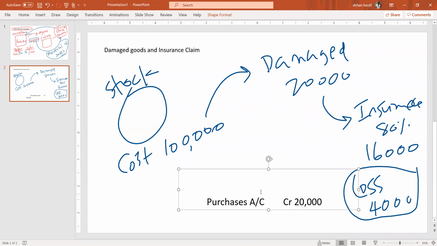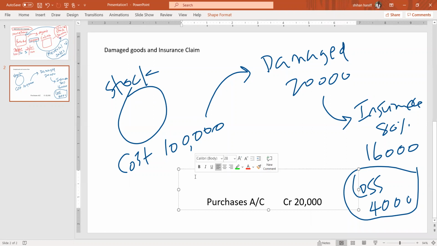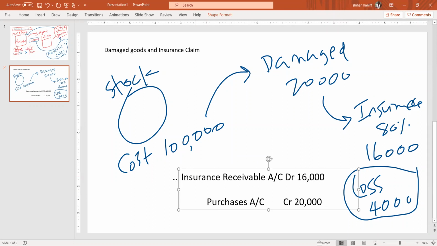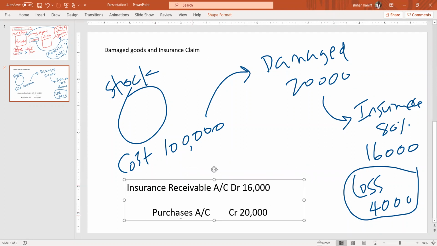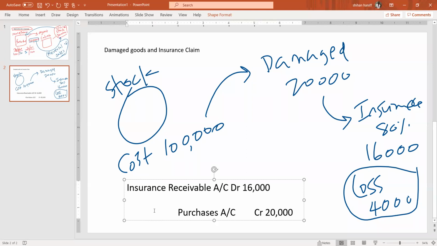Insurance receivable account will be debited 16,000.